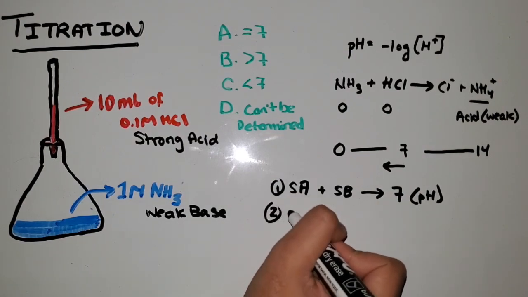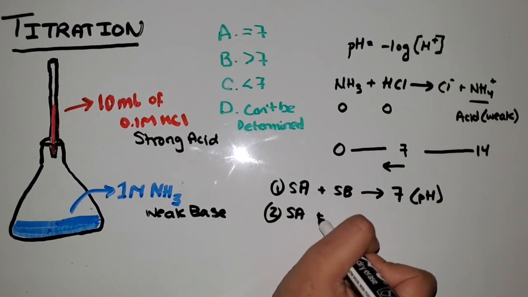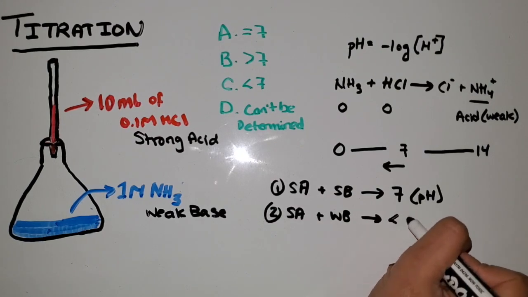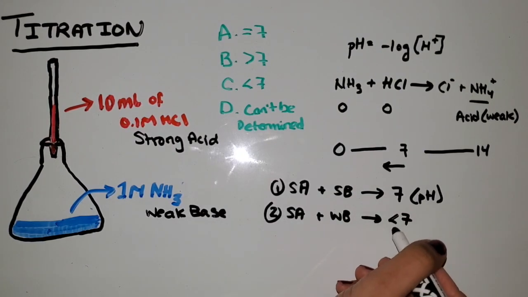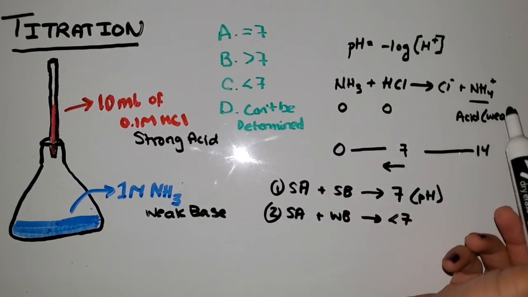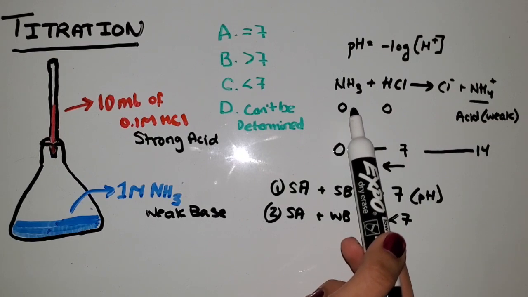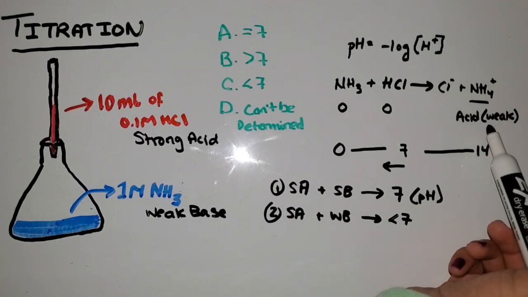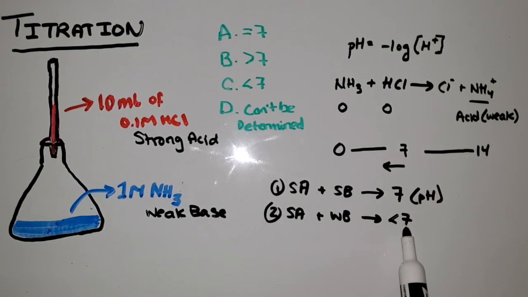When we combine a strong acid with a weak base, we get pH less than 7. Why? Because the conditions are more acidic. We form a conjugate acid from our weak base. So we have our weak base in the solution. When reacting with a strong acid, it produces a weak acid. Therefore, our pH is less than 7. It's a little more acidic.